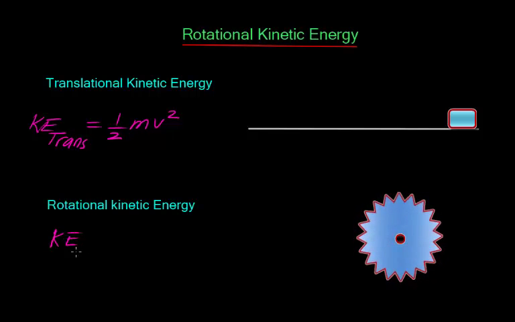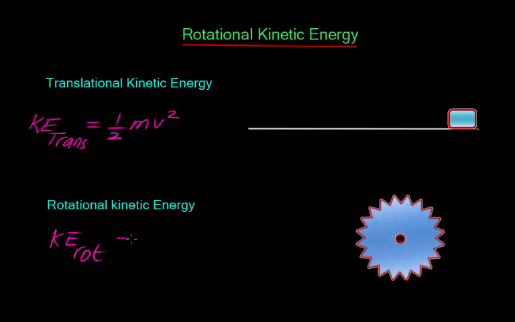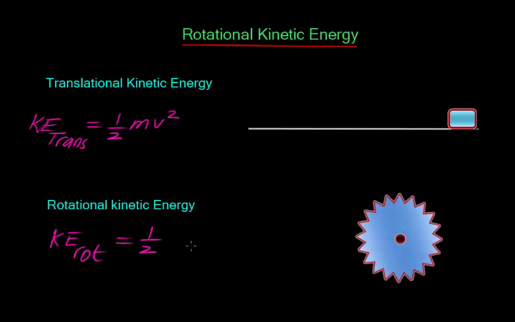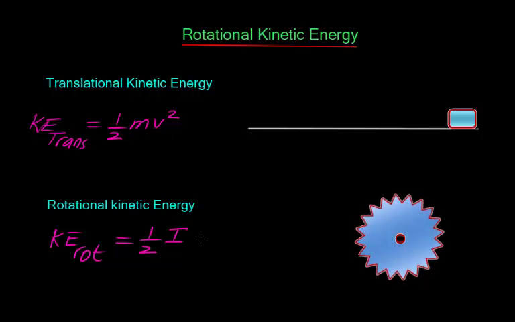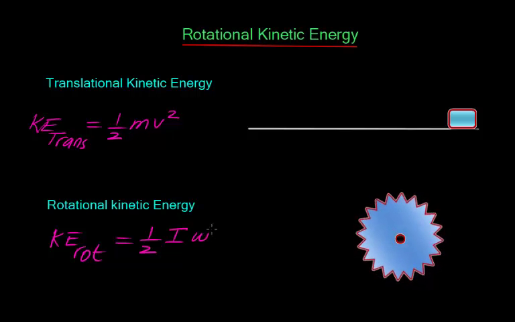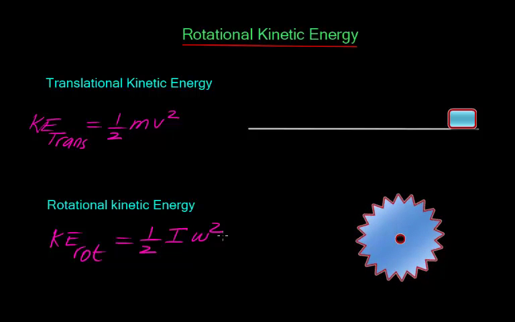KE rotational equals 1/2 I, the moment of inertia, times omega squared, the angular speed squared. Notice the similarities between the two forms.